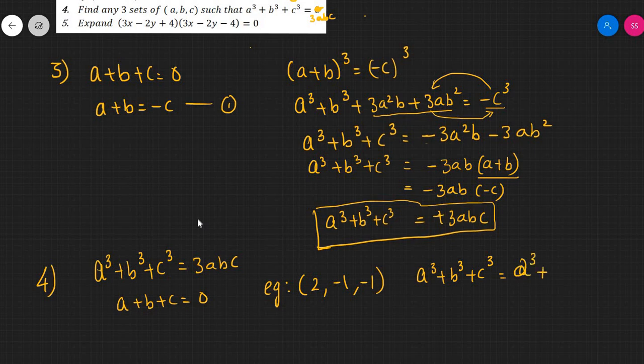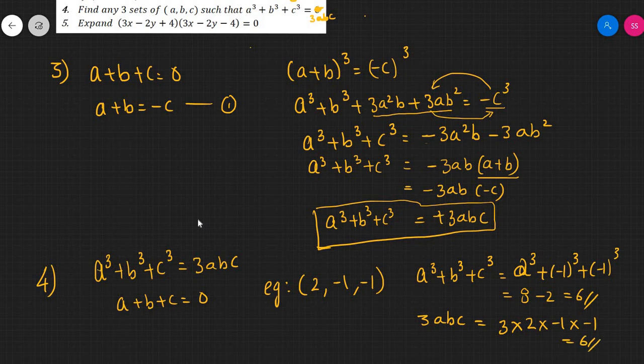Let's write 2 cube plus minus 1 the whole cube plus minus 1 the whole cube. That would be 8 minus 2. That would be 6. And your 3abc would be 3 times a is 2 into b into c, and that is 6.